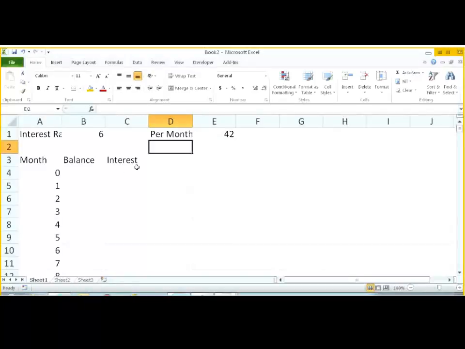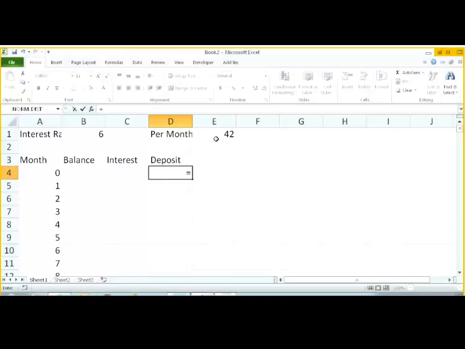Okay, and I'm going to have a column here that I want to call deposit. So that's how much I'm putting in each month. So each month I'm going to put in $42, but instead of writing in 42, I'm going to choose that cell, and I'm going to put a little dollar sign so that it doesn't change when I copy it.